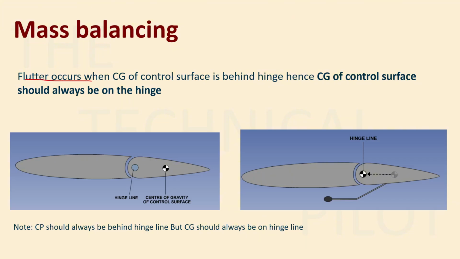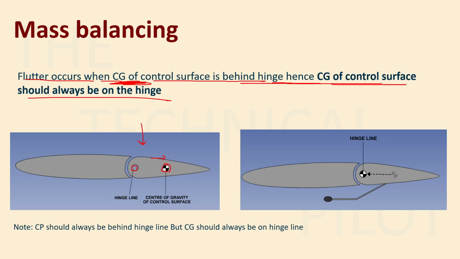And why does flutter happen in the first place? Flutter occurs when the CG, or center of gravity, of the control surface is behind the hinge, and hence the CG should always be on the hinge line. In the first diagram that you are seeing, this is the hinge and the center of gravity is here, right?